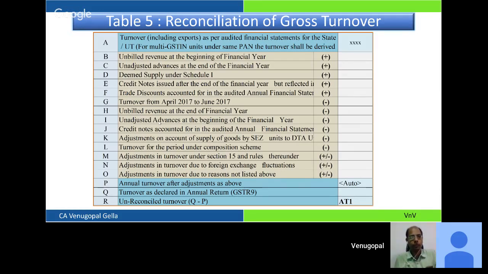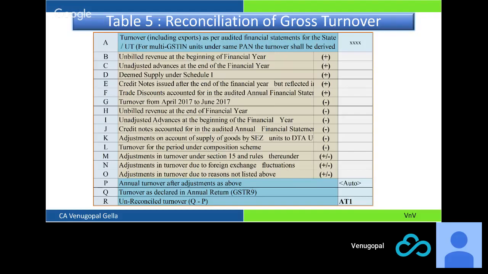Now this 5P is verified with 5Q, which is the turnover declared by the SSE in the annual returns. In the annual returns, the gross turnover is disclosed in table number 5N plus 10 and 11, subject to the subsequent year adjustment. So this table 5 is attempting to reconcile books with the audited financials.